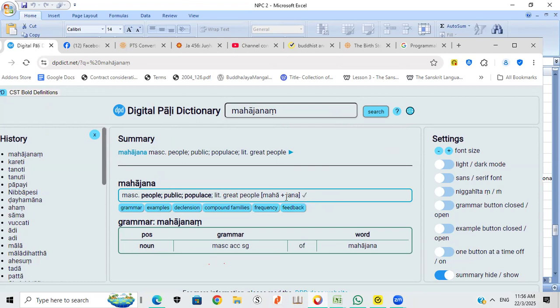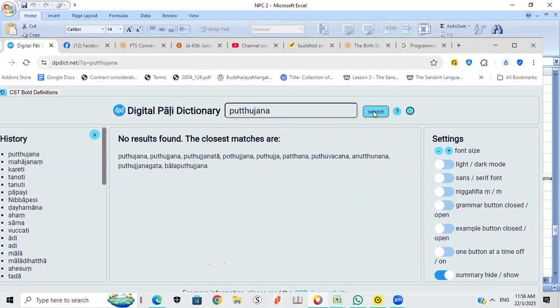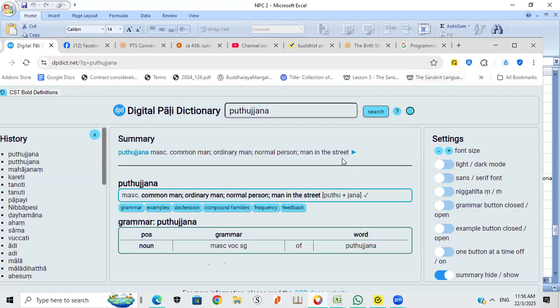So the word Jana is people. Technically, it is many. So if we use the word Putujana, many people. Putu is many. Jana means people.